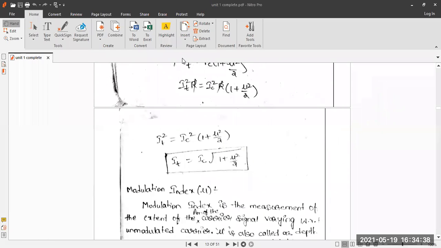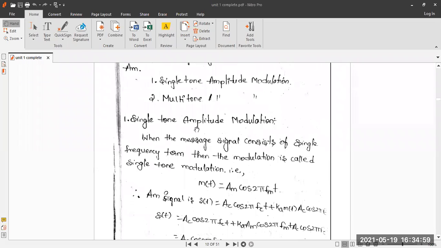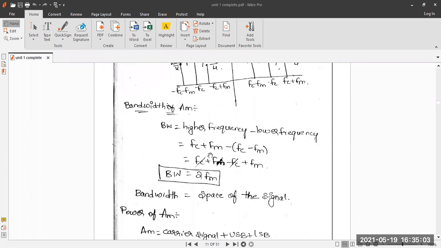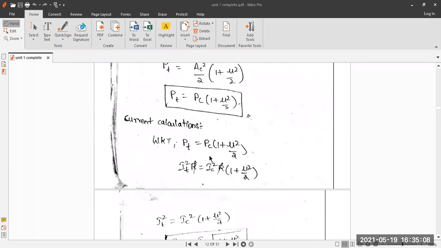Then if we simplify this equation, we get IT equal to IC into root of (1 plus mu square by 2), where IT is the total current and IC is the carrier current. This is the single tone AM equation, spectrum and bandwidth, power and total current.